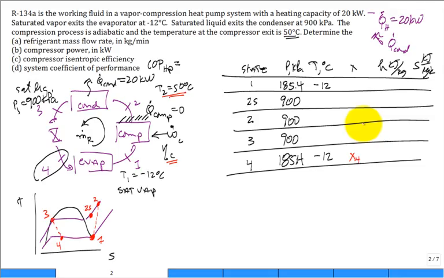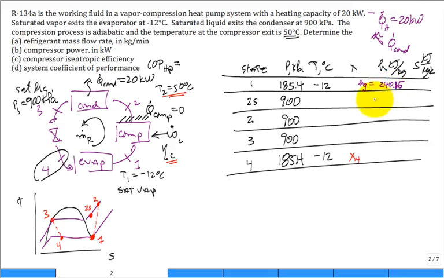Okay. Let's go ahead and get the enthalpy at state 1. It's saturated vapor. That's h_g, true? And so h_g, you can look it up at that temperature of negative 12 degrees C. It's 240.15. Does anybody have a table appendix and can double check me?